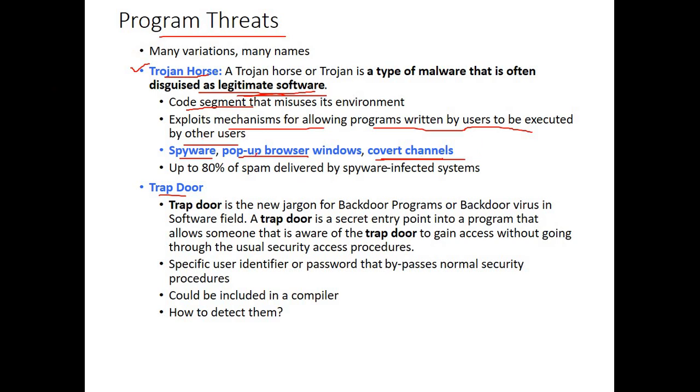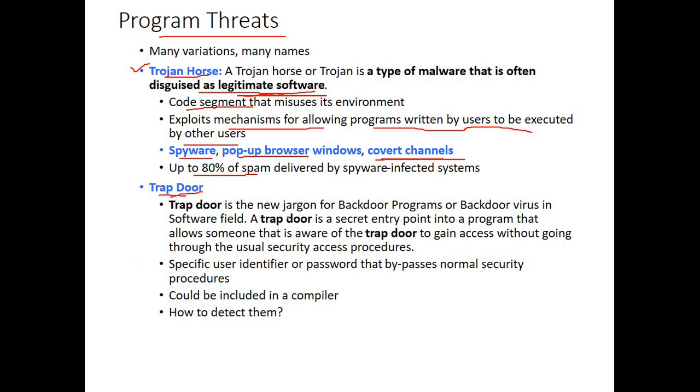Therefore, we should be very careful with spyware, pop-up browsers and covert channels while accessing Windows and the internet. Up to 80% of spam is delivered by spyware-infected systems. Spyware is also software which is under the control of these attackers.